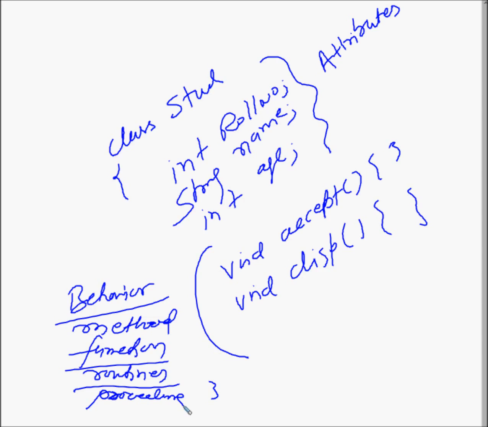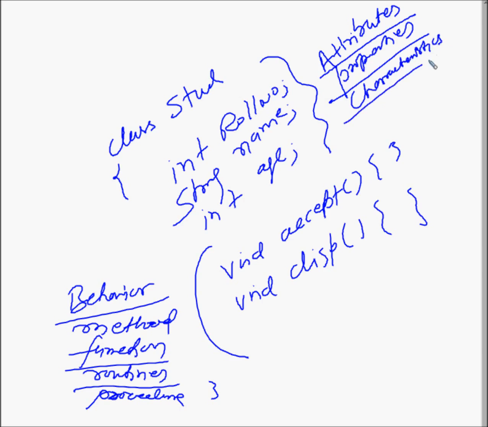On this side, we talk about attributes. They are also called properties, and we can say characteristics, or you can just say class variable.